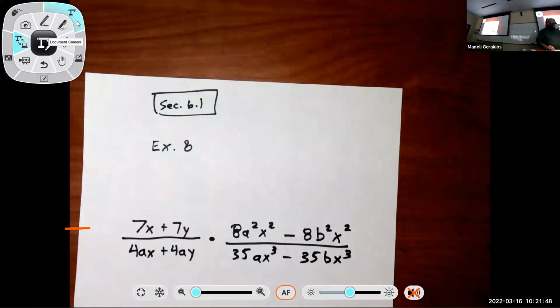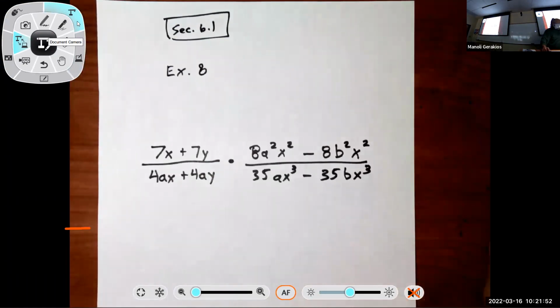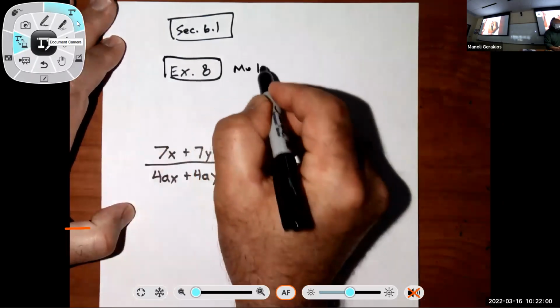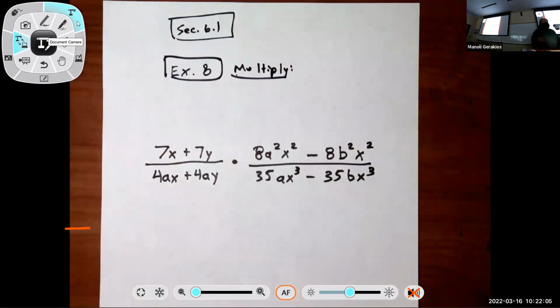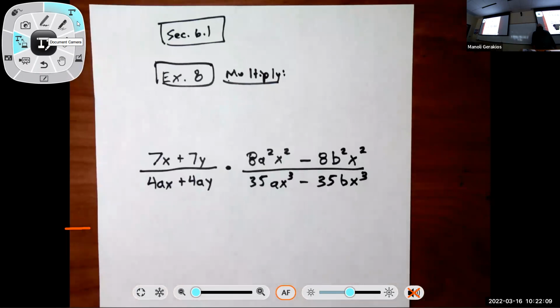We'll go to this. Okay. So the instruction for this example is multiply. Sometimes you have to think about what you're doing: do they literally mean multiply?